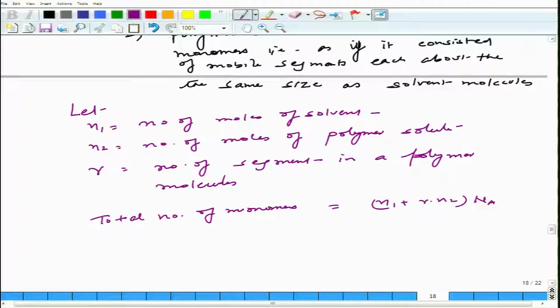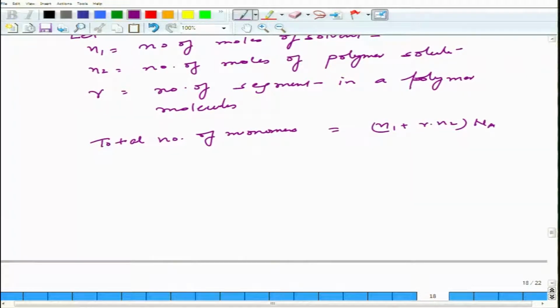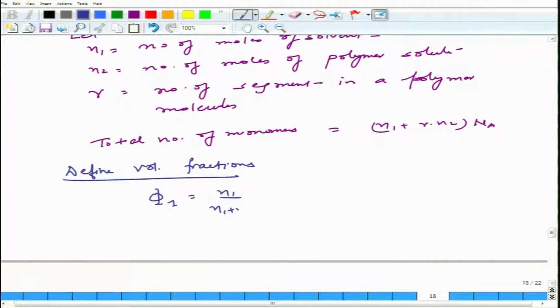Now, for simplicity, we also define volume fraction. So, phi 1 star would be N1 divided by N1 plus r N2, and phi 2 star is r N2 divided by N1 plus r N2.